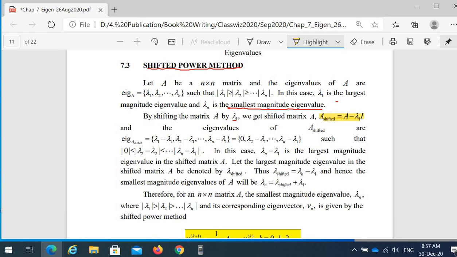So to do the matrix operation, we need to multiply it by the identity matrix. We get the A shifted matrix.